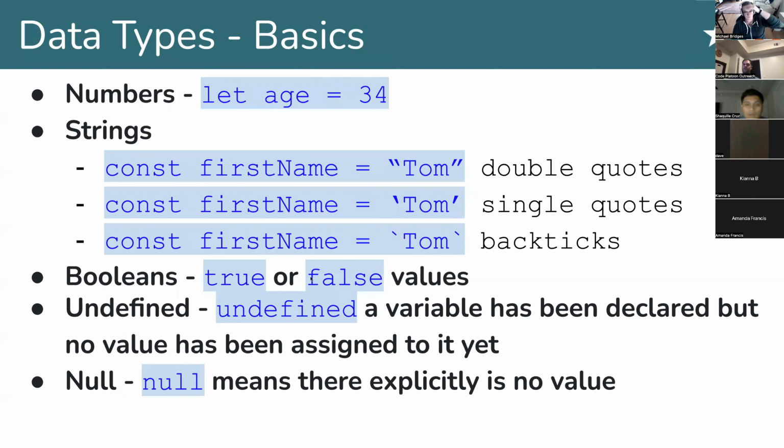Booleans, true or false value. So a Boolean is either true or false. True and false are very important in software development because that's how we help the computer make decisions. Some of the earlier challenges that we do will typically have maybe one thing where we need to do true or false.